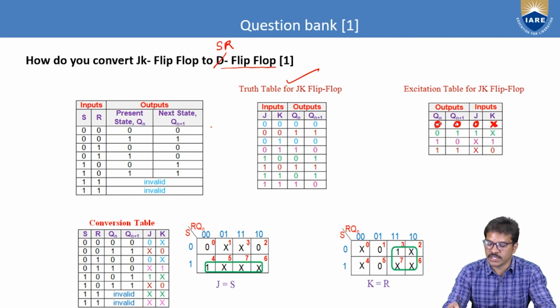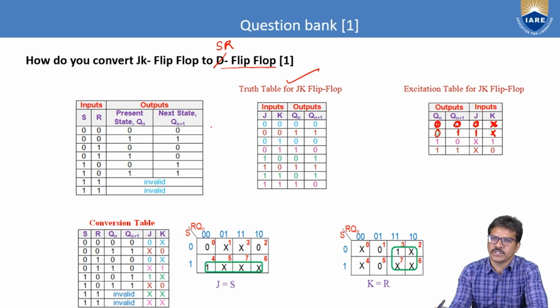If present state is 0, next state is 0. If J is equal to 1, K is equal to don't care, my next state is 0 from the present state 1. So what are the necessary inputs required to get the next state from a given present state?